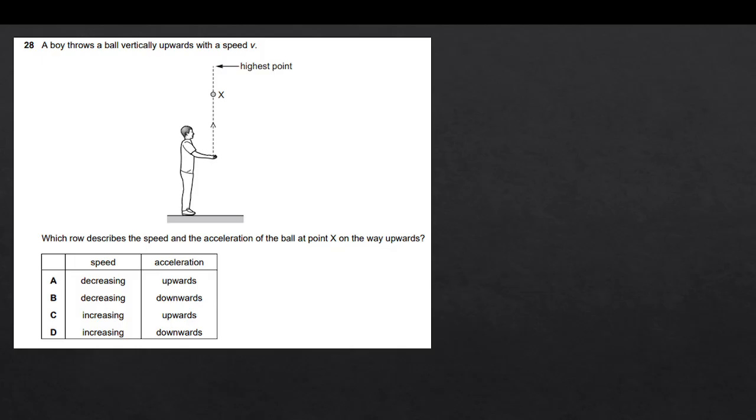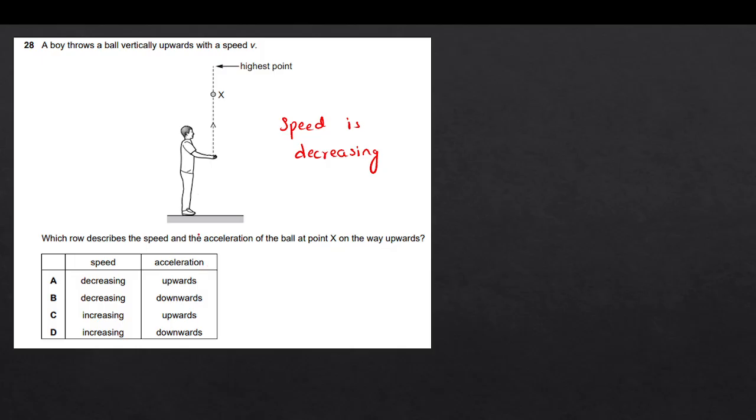Question 28. A boy throws a ball vertically upwards with a speed v. Which row describes the speed and acceleration of the ball at point X on the way upwards? Now, if we look at point X here, it's moving vertically upward, so its speed is gradually decreasing, and at the highest point it will eventually become 0.